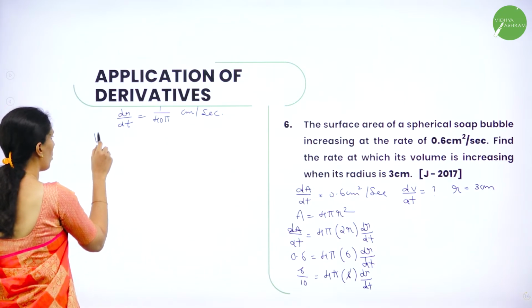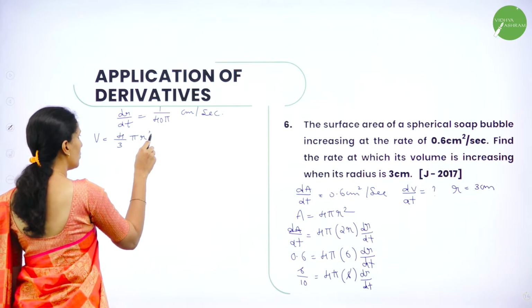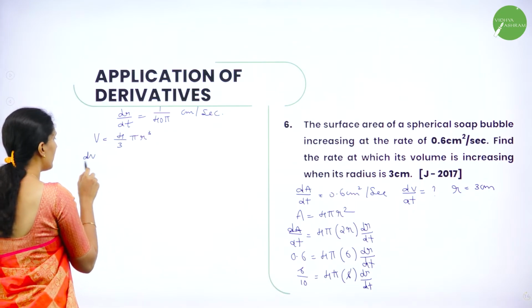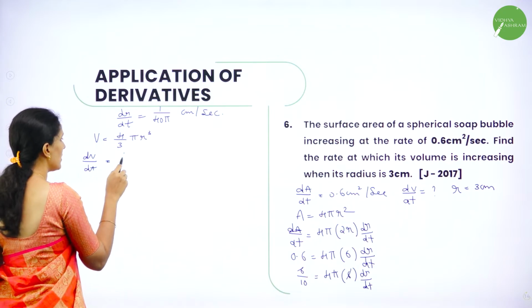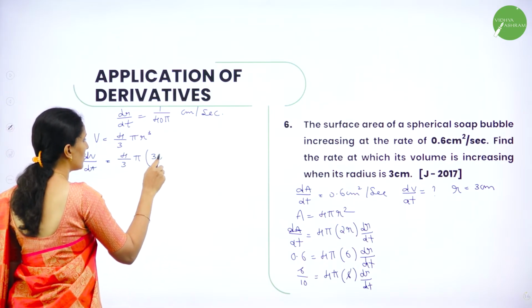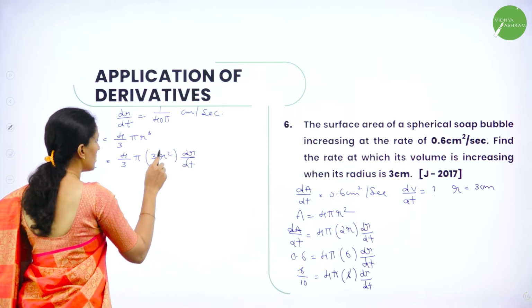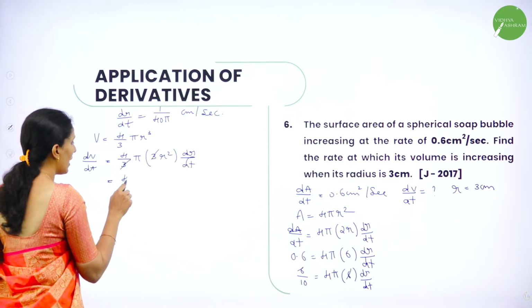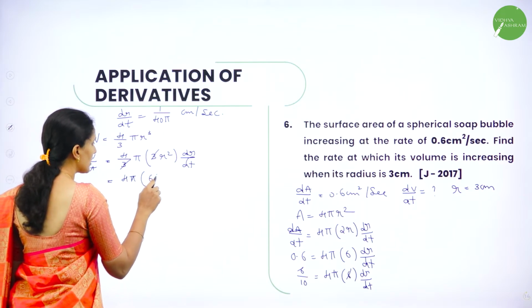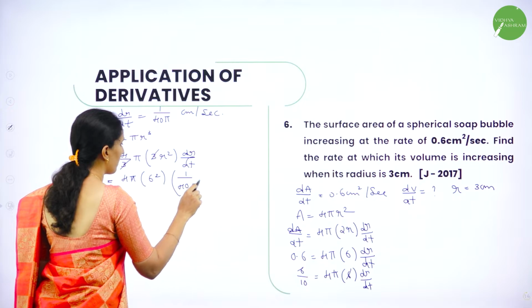We know that volume is equal to 4 by 3 pi r cube. Therefore, dV by dt can be written by differentiating 4 by 3 pi r cube, and you will get 3r square into dr by dt. So 3 gets cancelled. We have 4 pi, r square is 3 square, dr by dt is 1 by 40 pi.